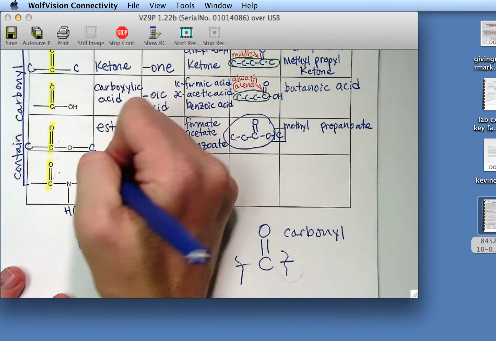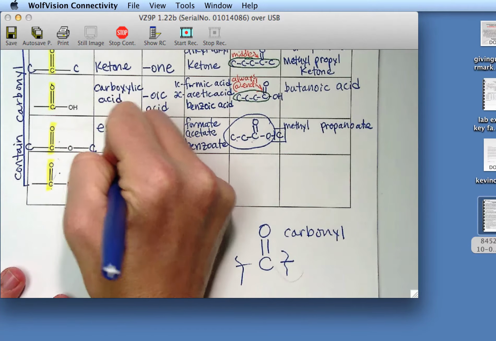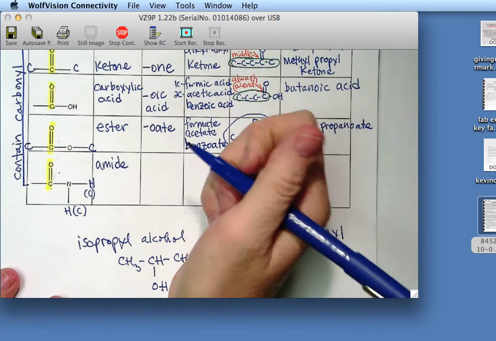So the functional group name, amide, amide, tomato, tomato.